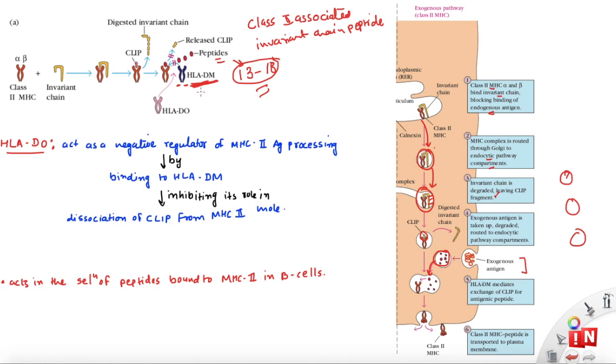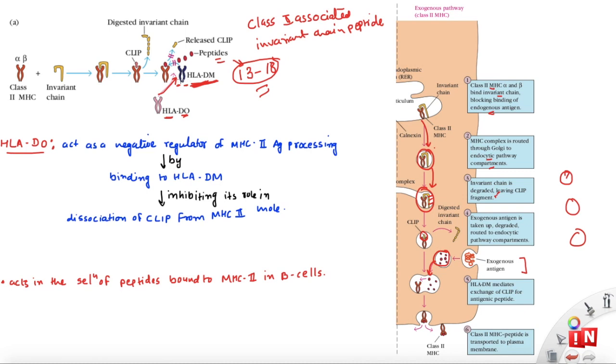Now, what has been observed experimentally is that if another non-classical MHC molecule called HLA-DO is present, it is going to negatively regulate the mechanism of HLA-DM, and in that case the CLIP will not be replaced. So the peptide cannot sit over here. So HLA-DO, you might read this, can negatively influence the mechanism of HLA-DM.